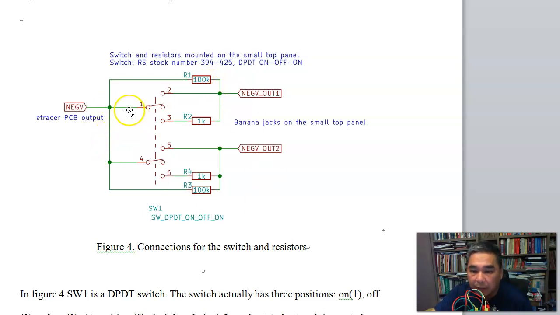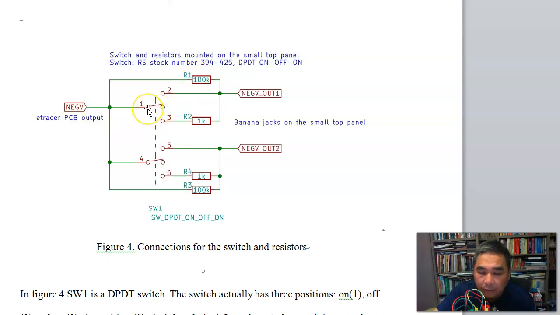And the same thing here: because the switch is disconnected from anything, the negative voltage will go to banana jack number 2 through this 100k resistor. Okay, I use 100k instead of 180k as in the TV-7, because I don't have 180k in my toolbox, so I just picked 100k. So if you want to make the hardware the same as your TV-7, you can use 180k ohms here.